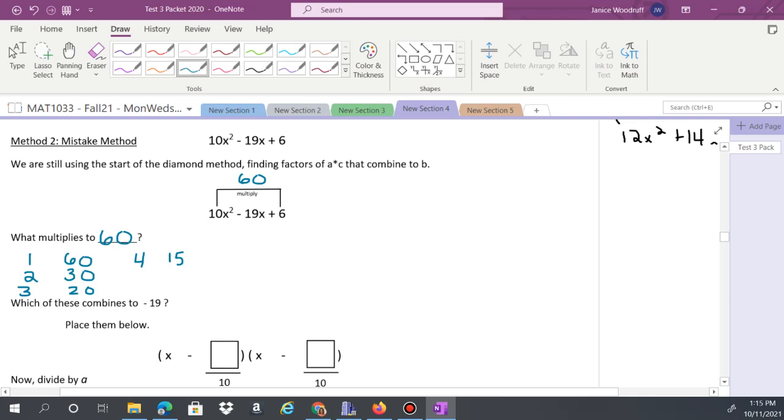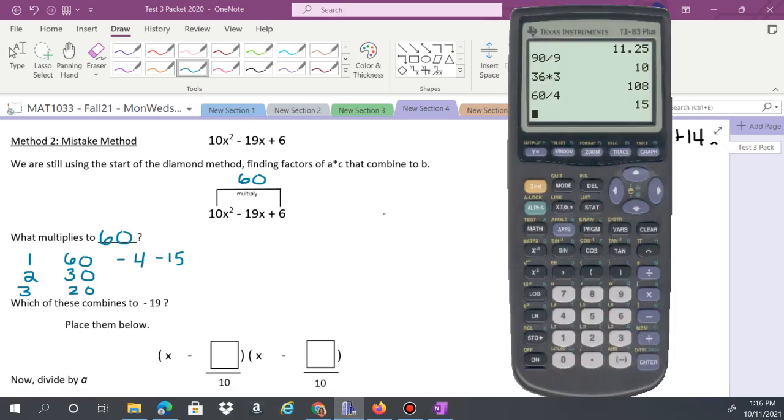And if they're going to combine to a negative 19, they both need to be negative. So let's check that. Negative 4 times negative 15, positive 60, negative 4 plus negative 15, negative 19. So we find the two numbers, 4 and 15, they're both negative.